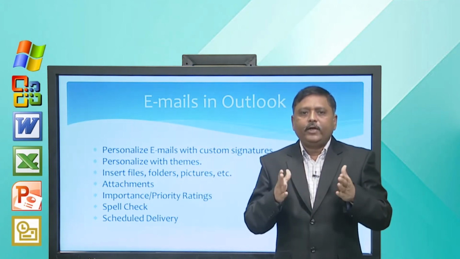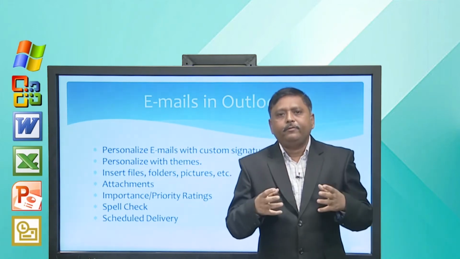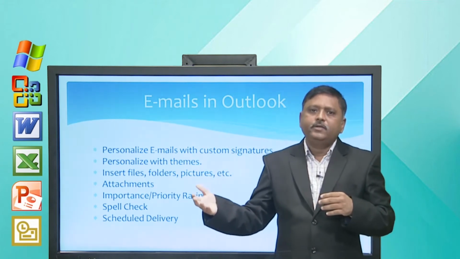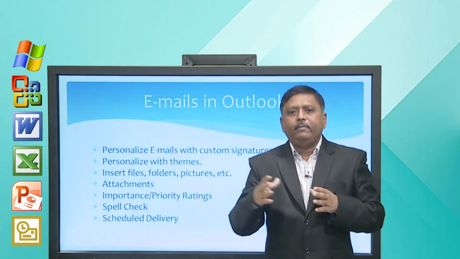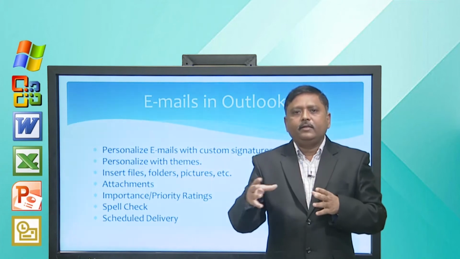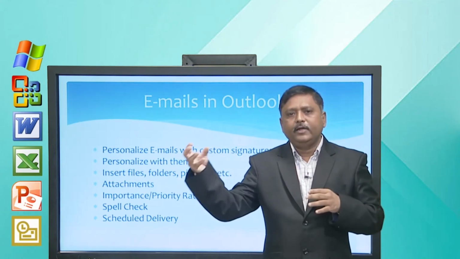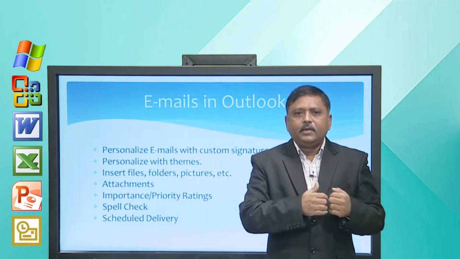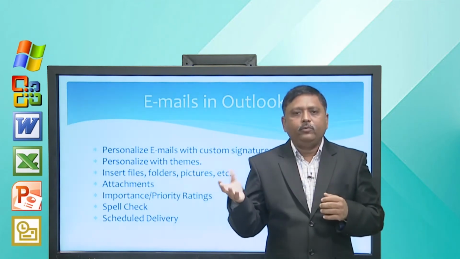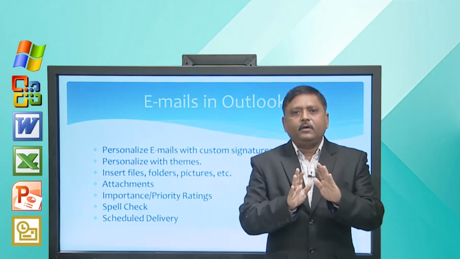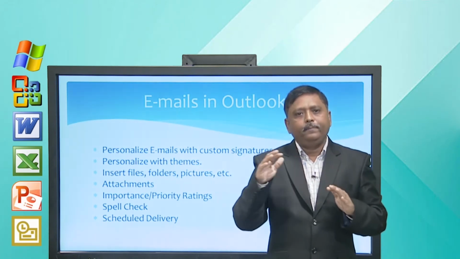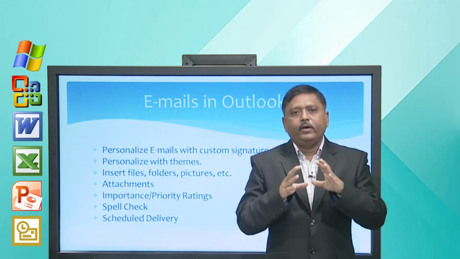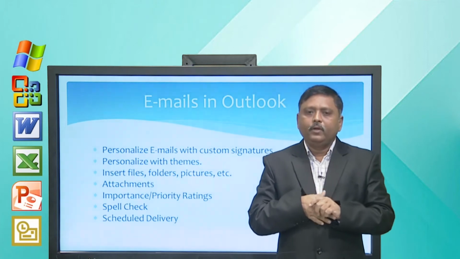For example, if you want to wish your friends with a birthday email or greeting card that you want to send on his birthday, you can set up that email in advance and it will automatically be sent to that person on the scheduled date and time. So, these kinds of things are known as scheduled delivery that you can also do.